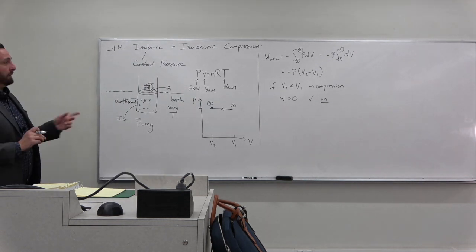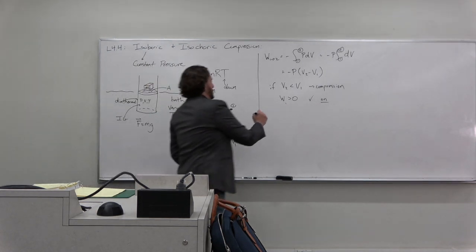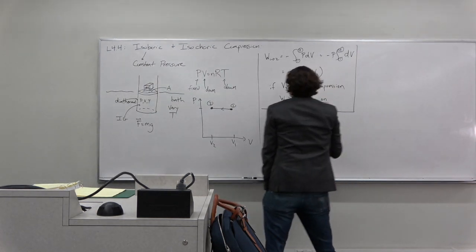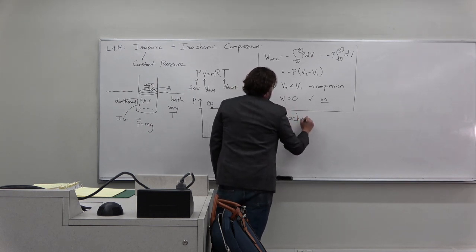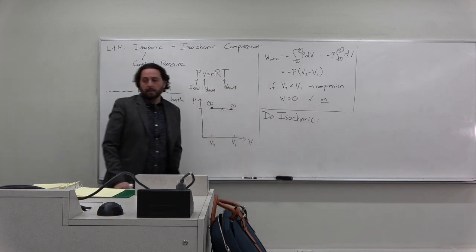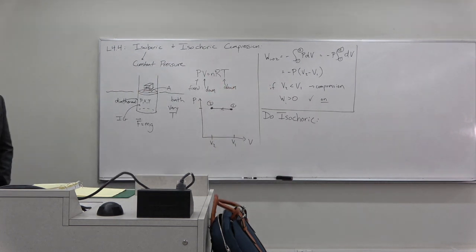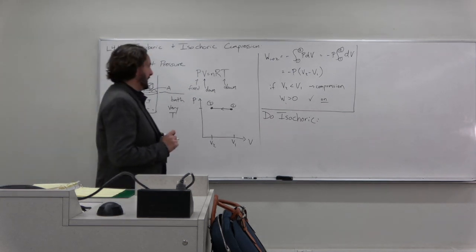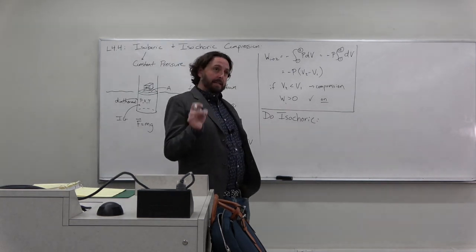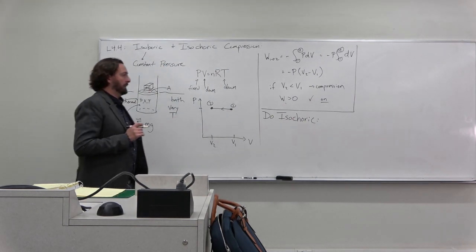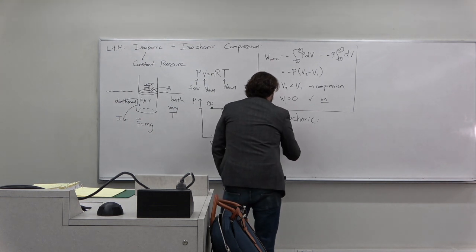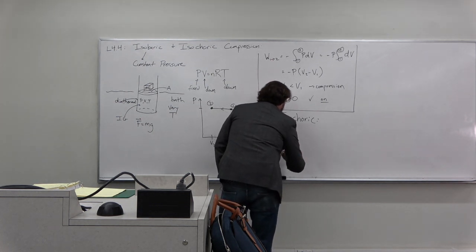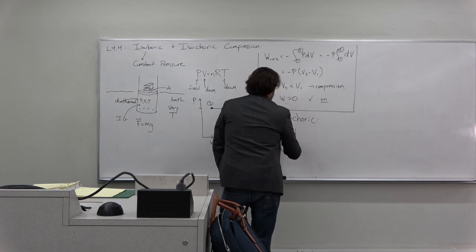Okay, so that was isobaric. Let's do isochoric. All right, so isochoric means constant volume. And so this is exactly the scenario of the constant volume gas thermometer. So what we can imagine is our piston now has a fixed lid.